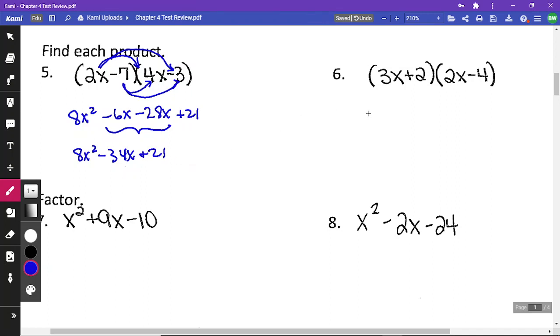Okay, so now number 6, same thing on it. We get 3x times 2x is 6x squared. And then 3x times negative 4, negative 12x. The other x term is the 2 times 2x, that's positive 4x.